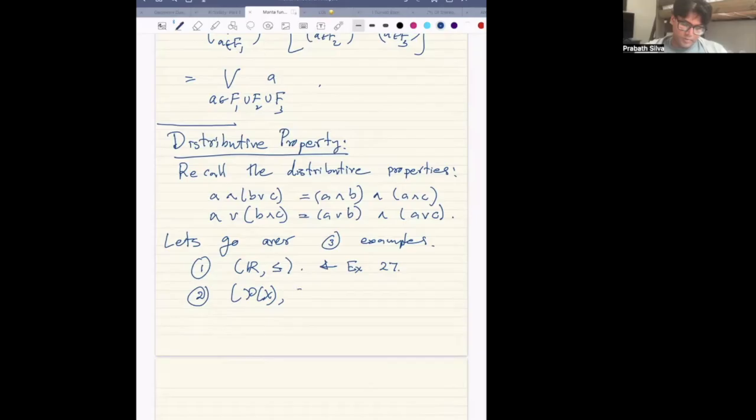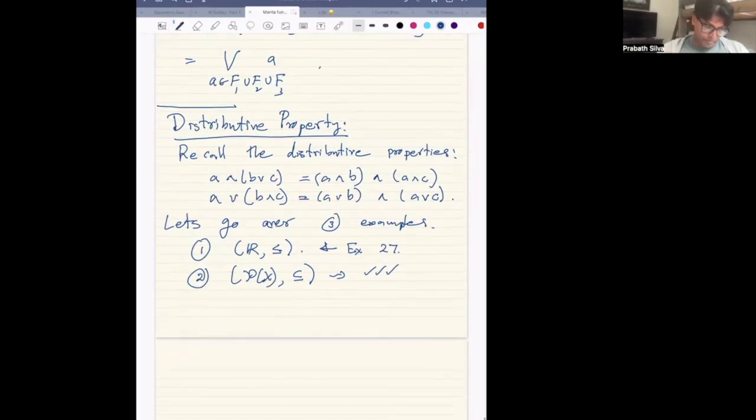Power set of X with the inclusion. And this one works, because we know that with intersection and union, this thing works.